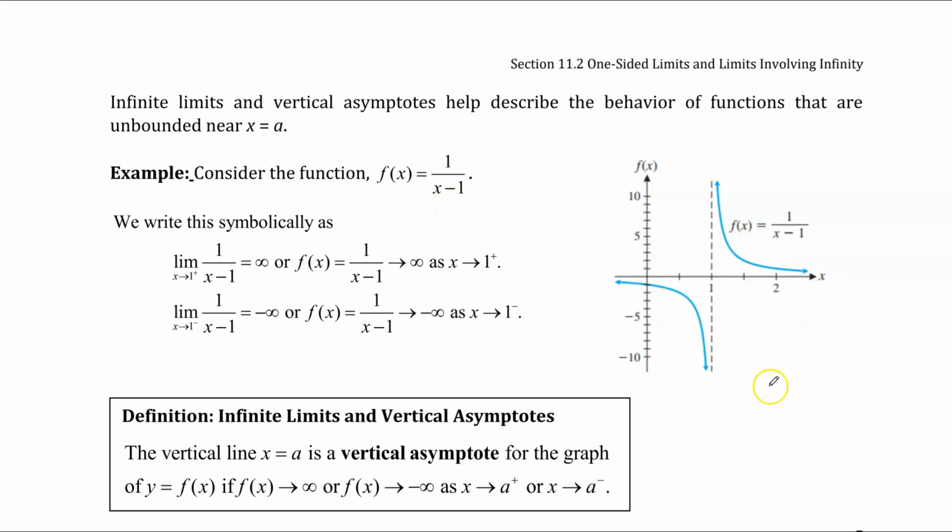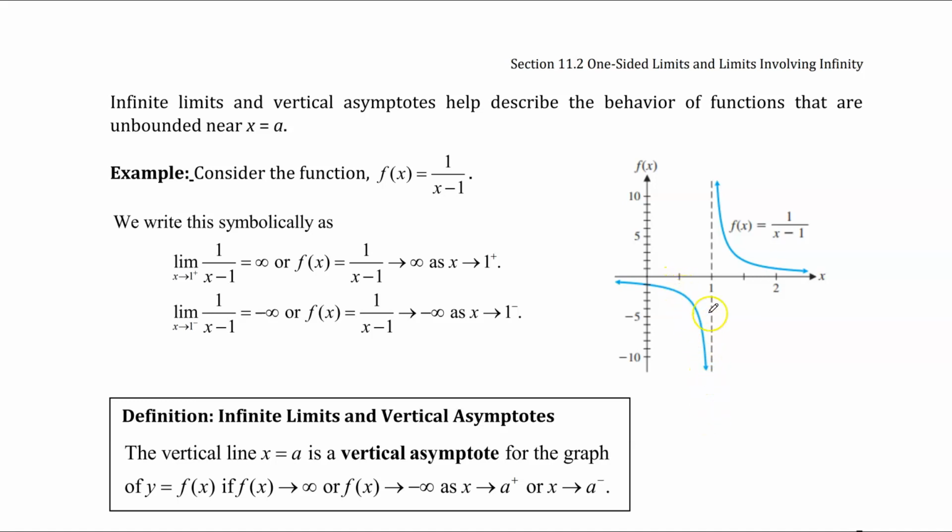That function has the given graph here. Now, let's examine the behavior of the function. As x approaches 1 from the left, we see that the function continues to decrease, and it decreases without bound.